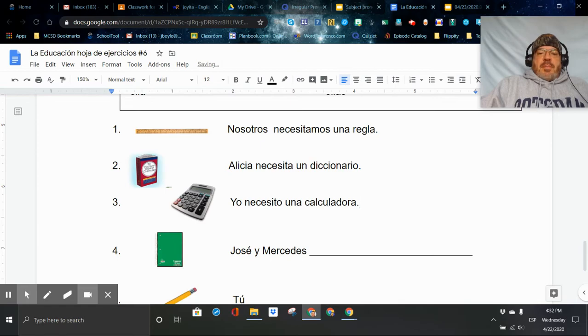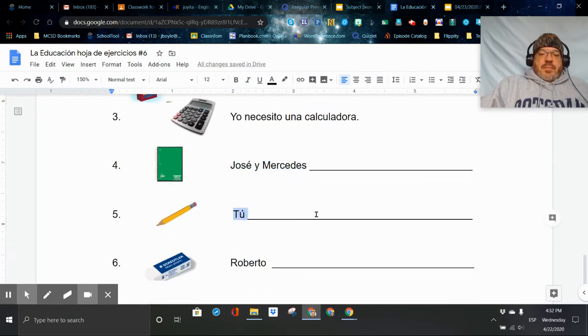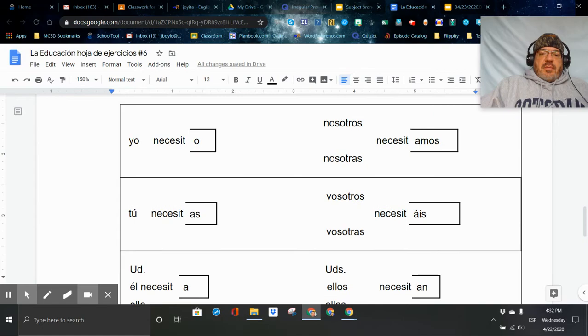Okay, you've got to remember a couple of things. You have to remember who these people are on this chart. Who would they be?